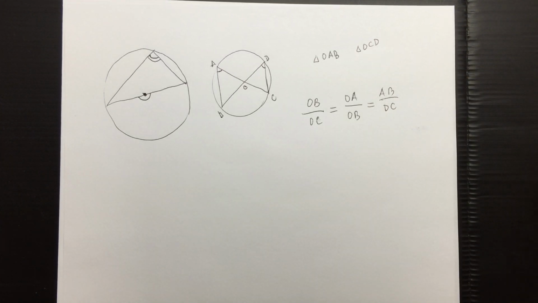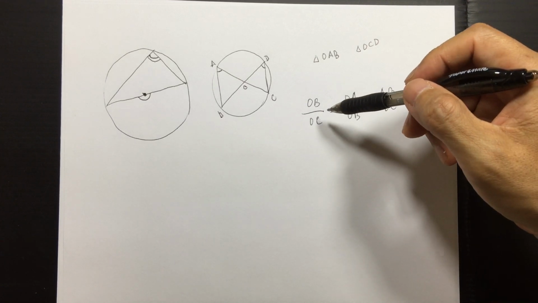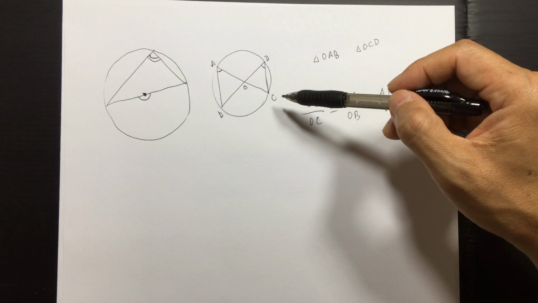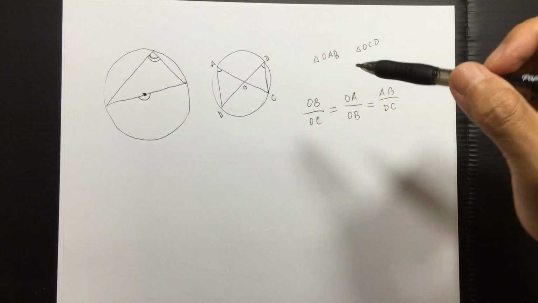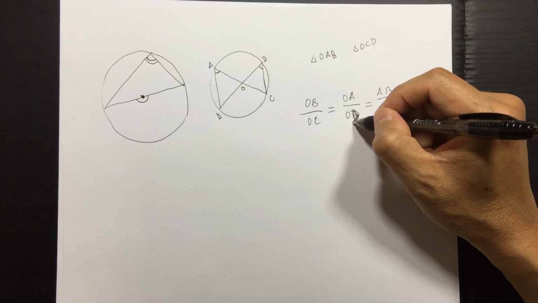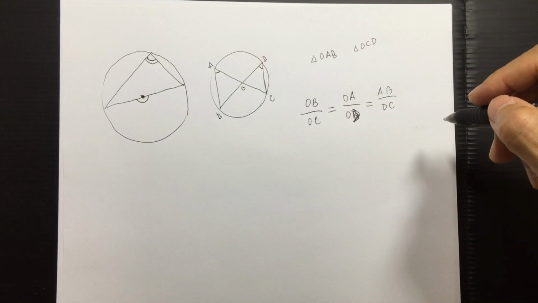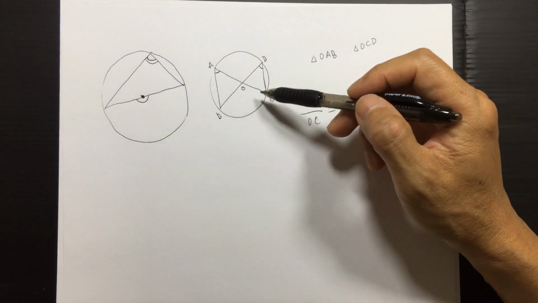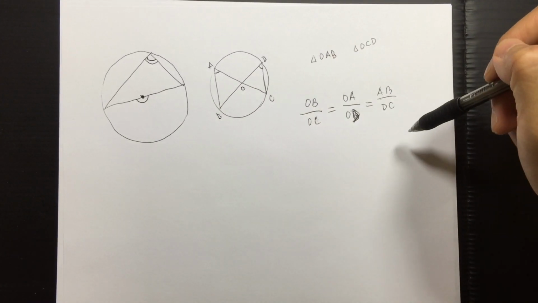Wait a minute. OB to OC is OA to OD. Oh, yeah, this is OD. This is obvious, right? Because these two triangles are similar, then the sides are all proportional.